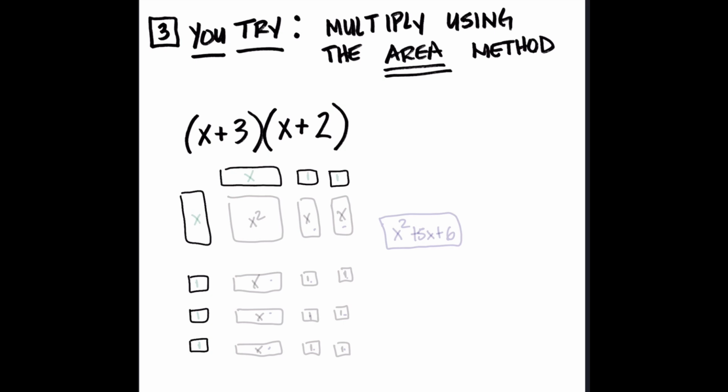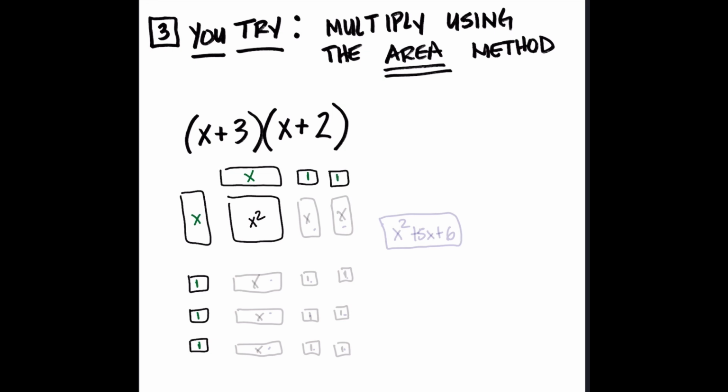So this is an x, this is 1, 1, 1 to make 3, and this is 1 and 1 to make 2. So we could see that from an x by x box, we get x squared.